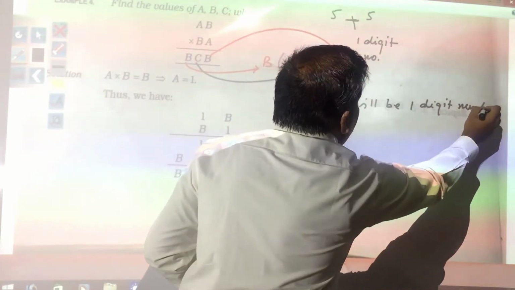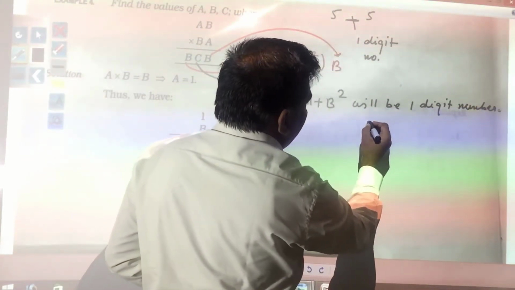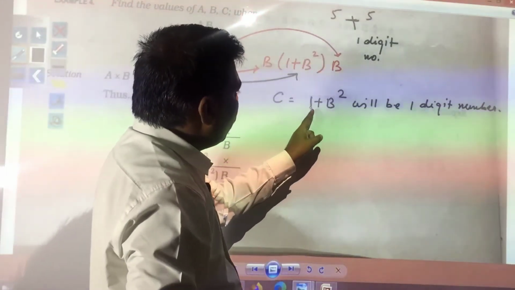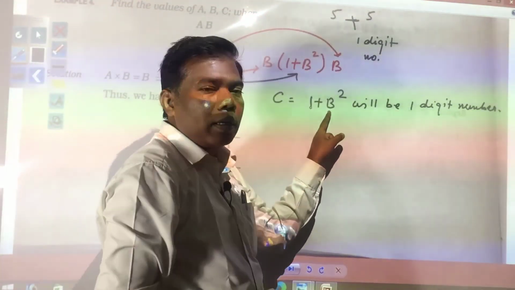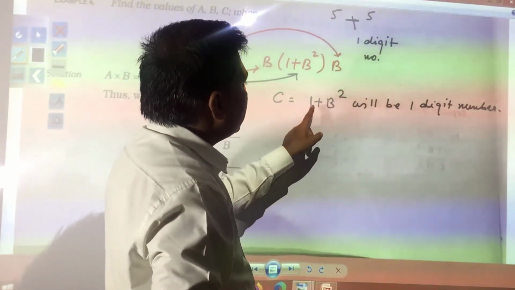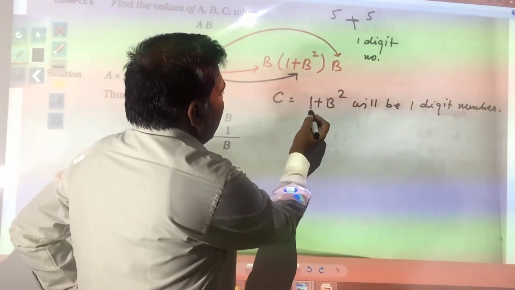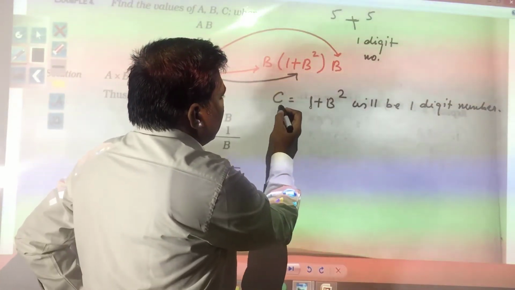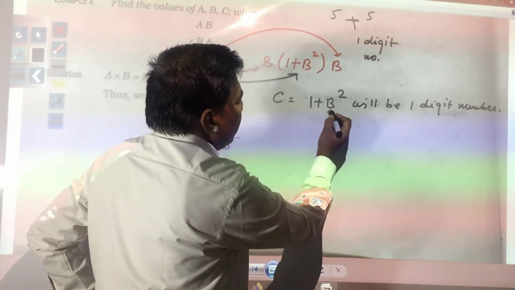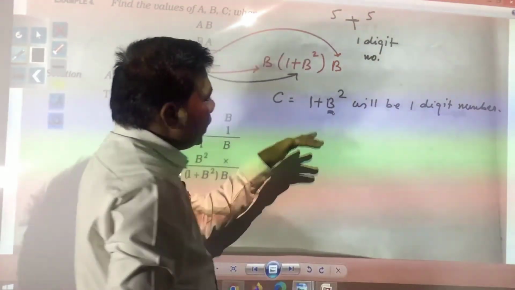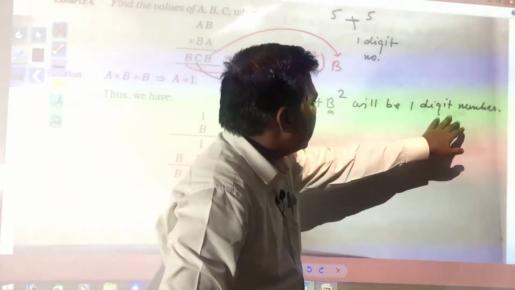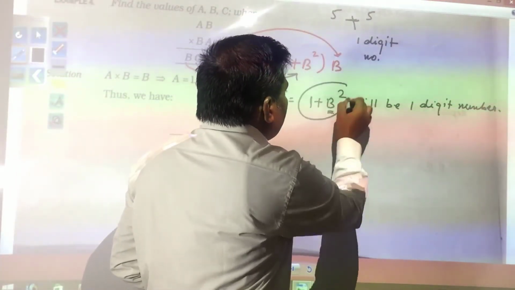One digit number means it may be, see, 1 it cannot be, because in 1 you are adding something. 2 can be, if you are putting the value of B. Suppose C is equal to 1 plus B square will be a one digit number.